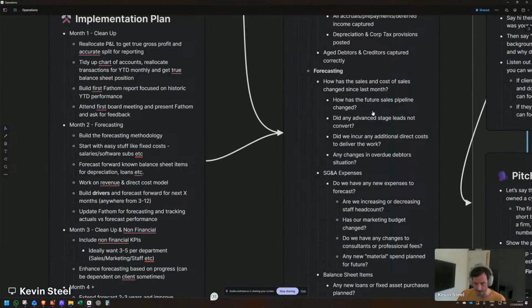And in terms of future sales pipeline for a service-based company, I always like to do it with 4 different gates.